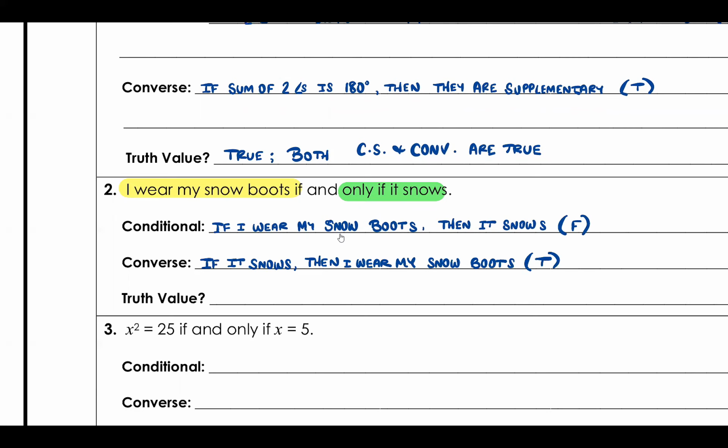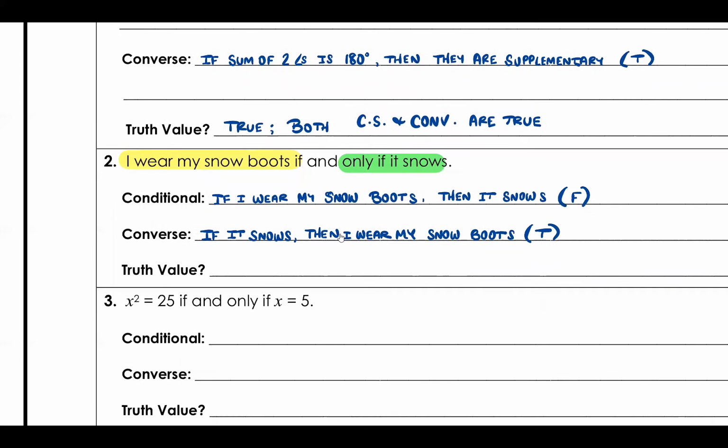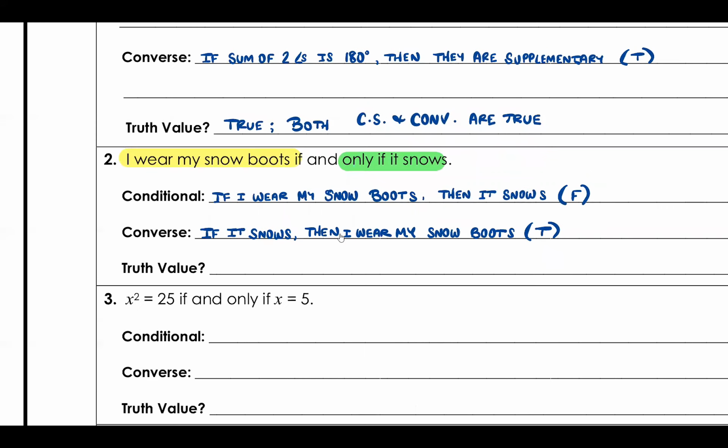Well, it was supposed to snow. So the truth value is false because our conditional is false. They both have to be true for your biconditional to even exist.